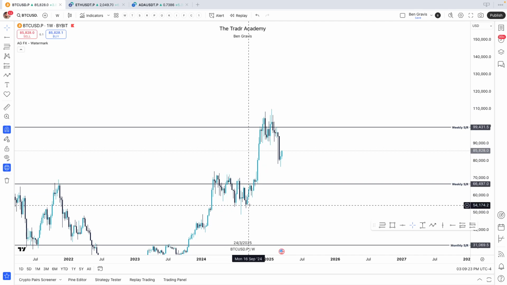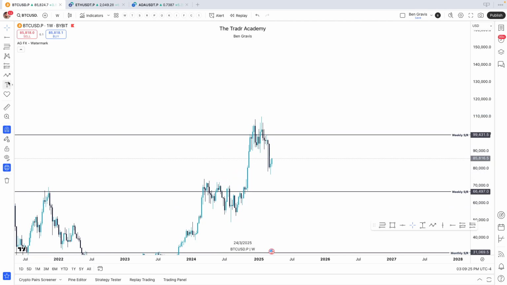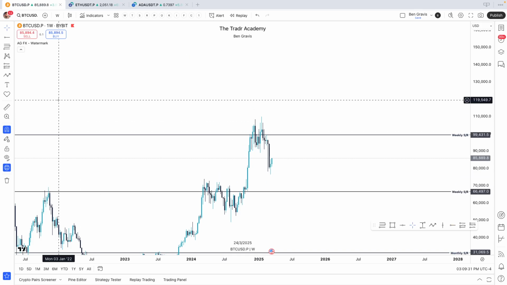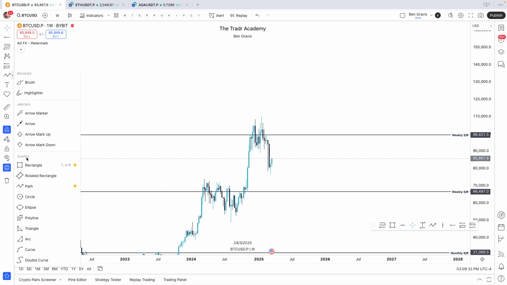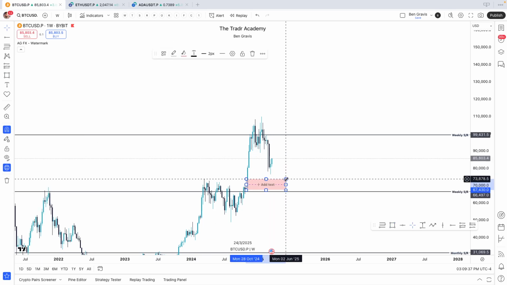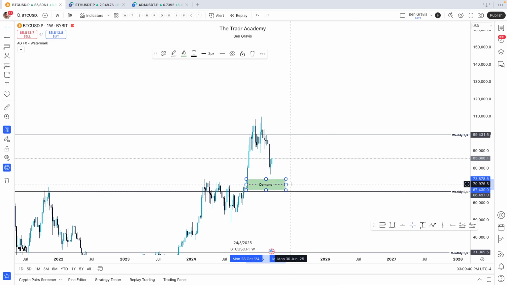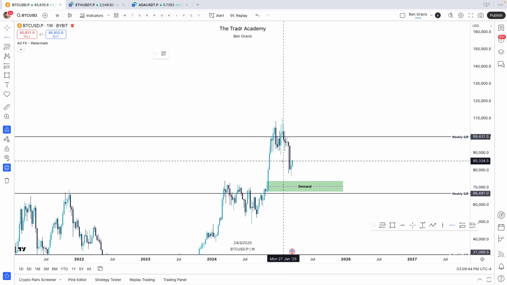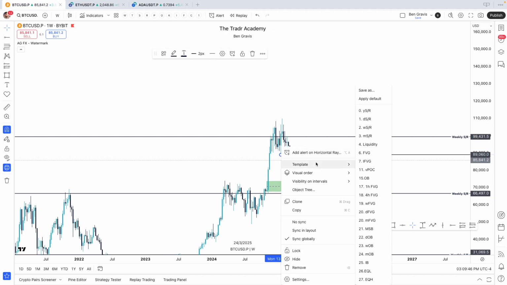Here we came into demand. Where is the demand over here? We basically weren't able to hit this zone yet. So knowing this, we have our supply, our demand zone here. And we have a weekly break in market structure.